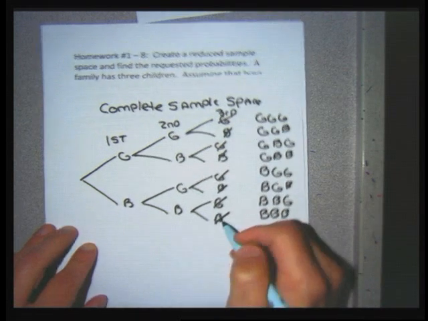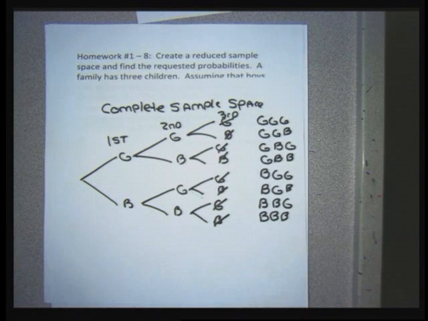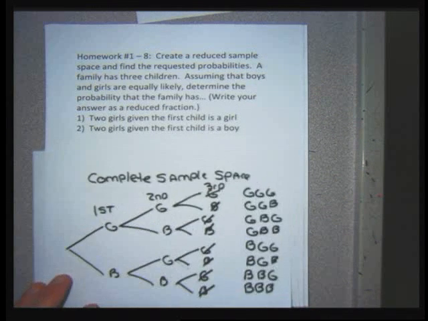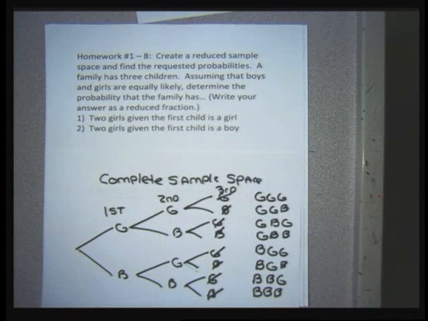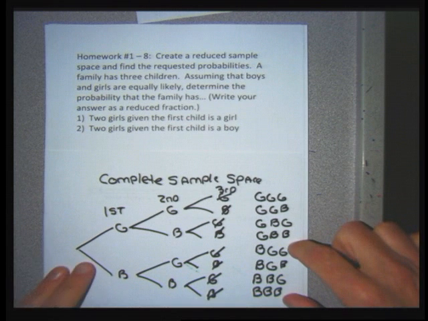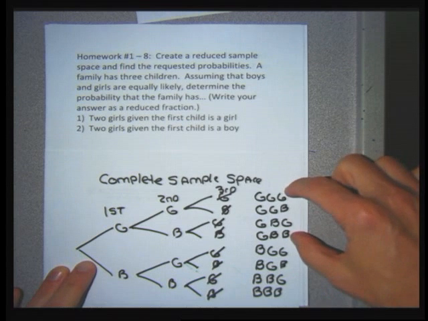So for each of the problems between 1 and 8, this is the sample space that we're going to start with. It's going to have 8 elements in it. Now I need, for my problem specifically, to find the elements in the sample space that work. And for me, it's going to be these bottom 4 that have the first child a boy. When you're doing problem 1, you're going to do the top 4.